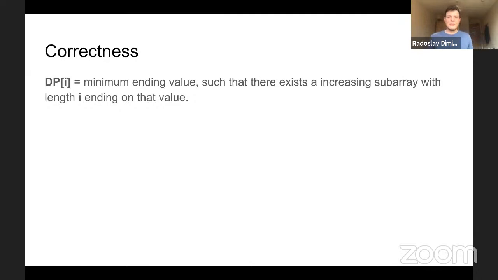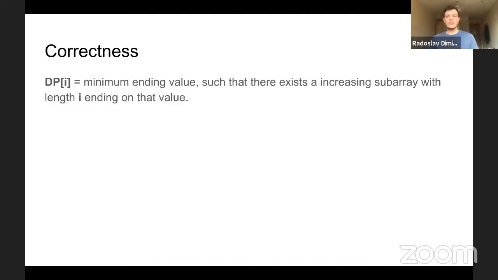So DP of i would be the minimum value such that i is the length of some increasing subarray, and having i as length, we have A of i as the last value.